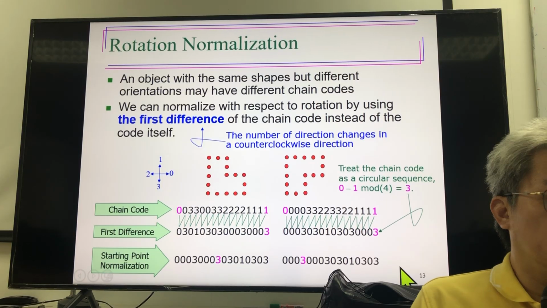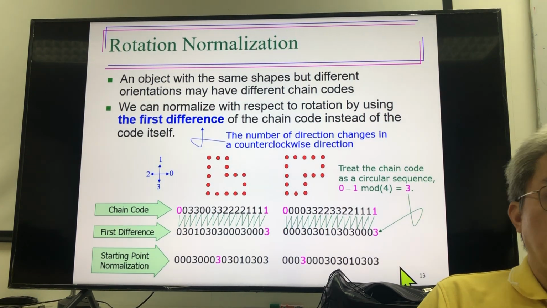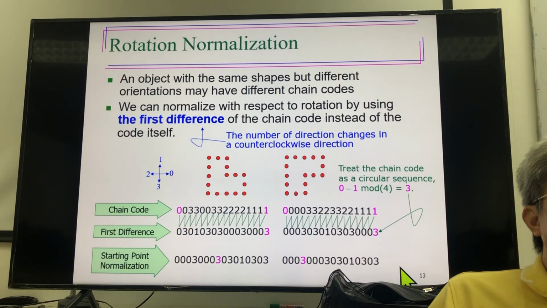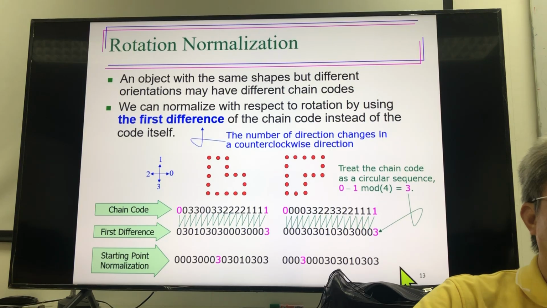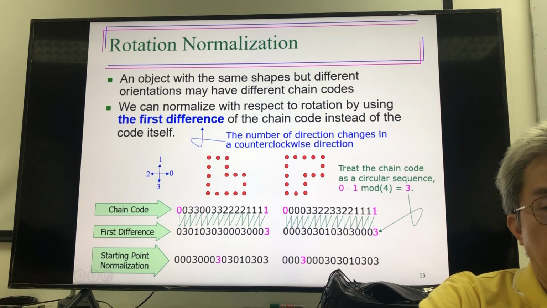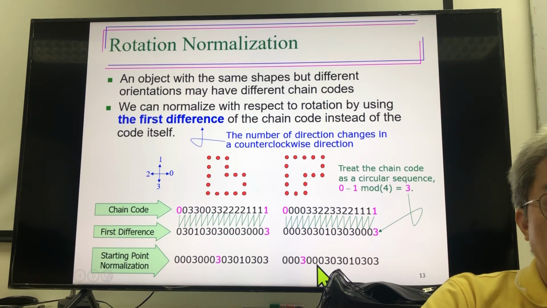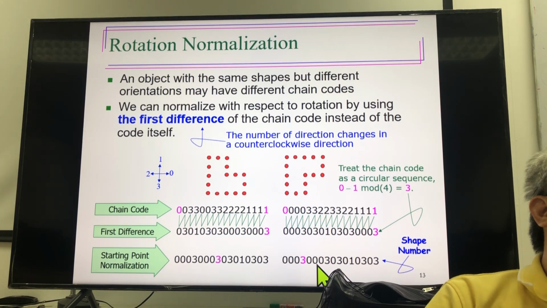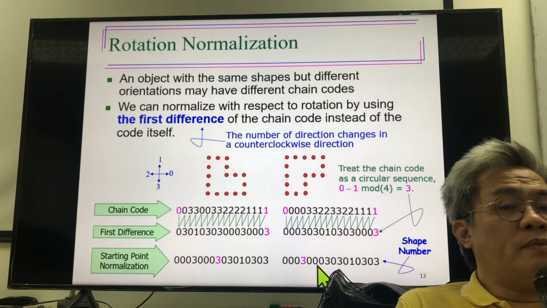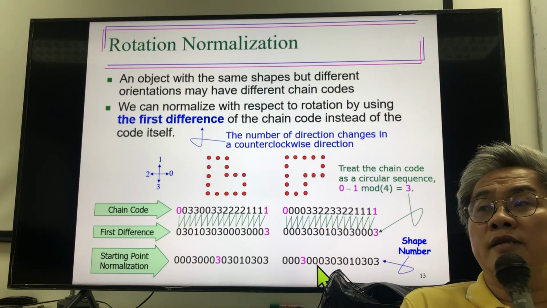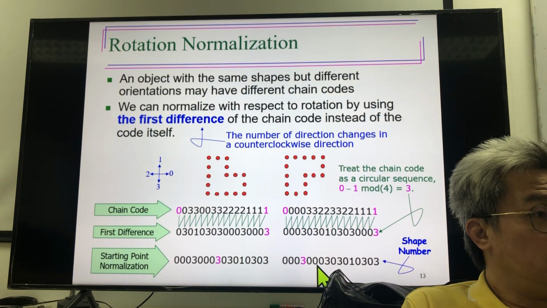So this chain code is invariant to rotation. We call this chain code the shape number, because it represents the shape but not the orientation of the shape.